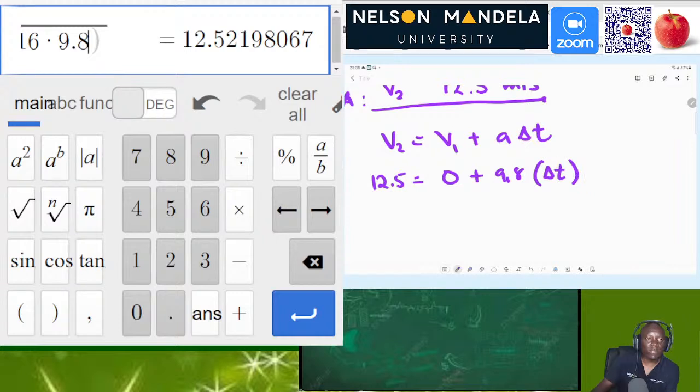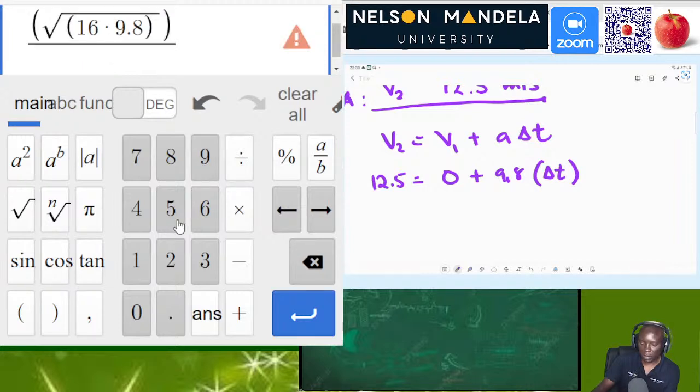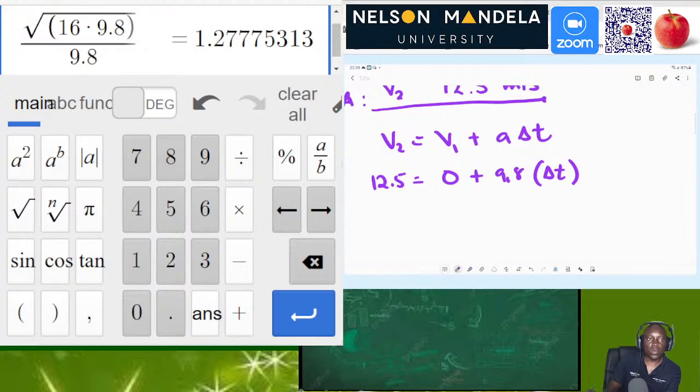Then we divide 12.5 by 9.8, which gives 1.28 seconds. So delta t equals 12.5 divided by 9.8, which is 1.28 seconds.